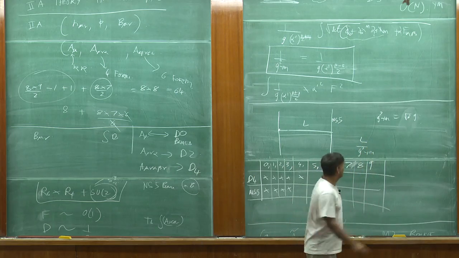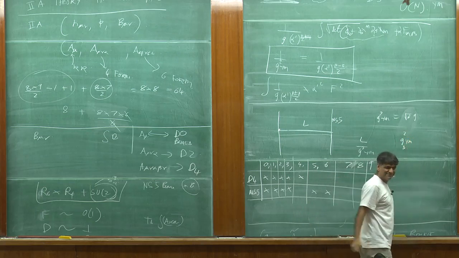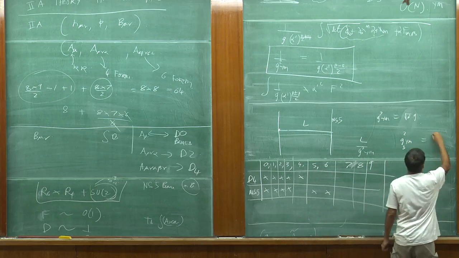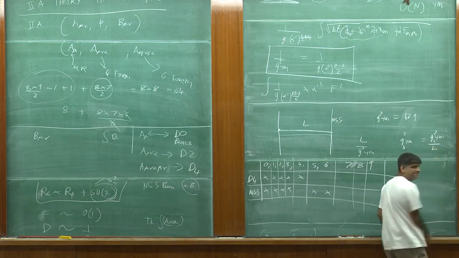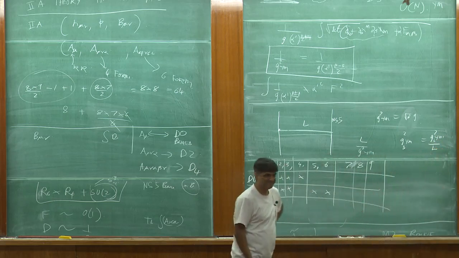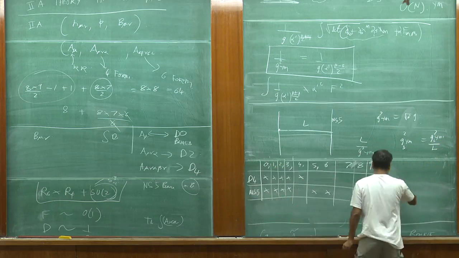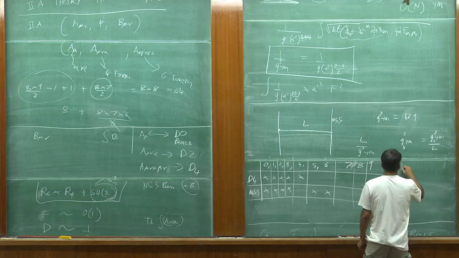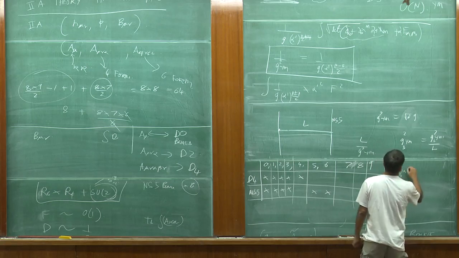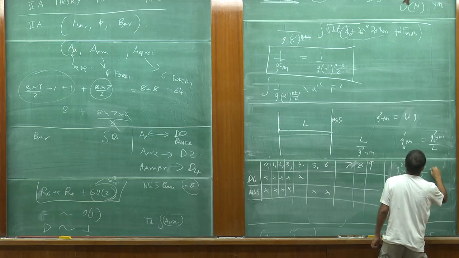So the effective g squared Yang-Mills 3 will be equal to g squared Yang-Mills 4 divided by L. So g squared Yang-Mills 3 is equal to square root alpha prime by L and g.